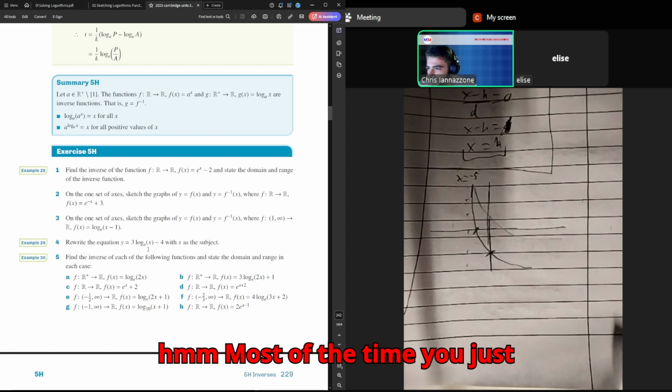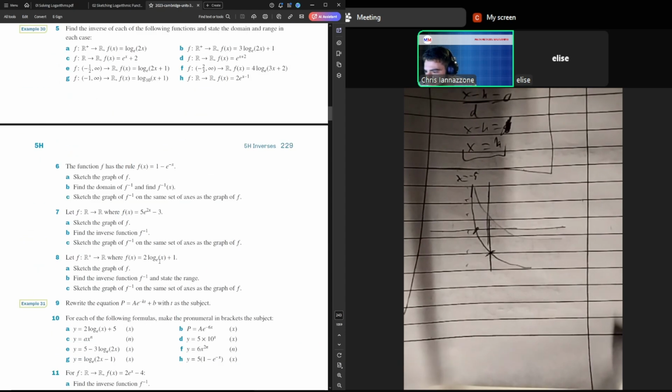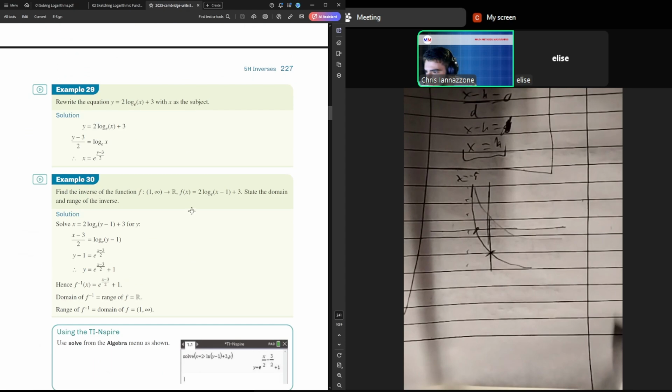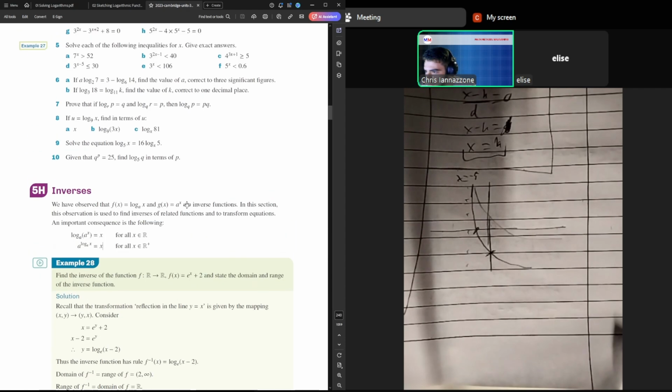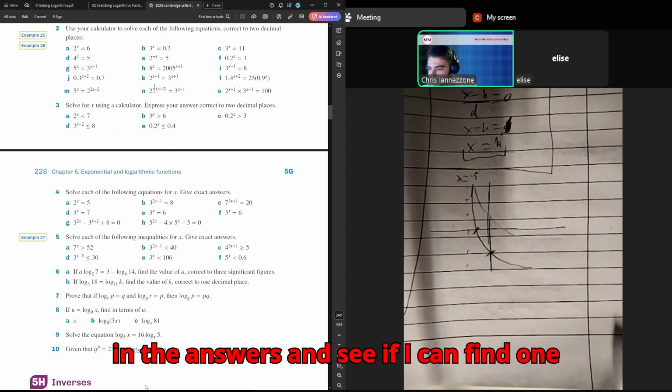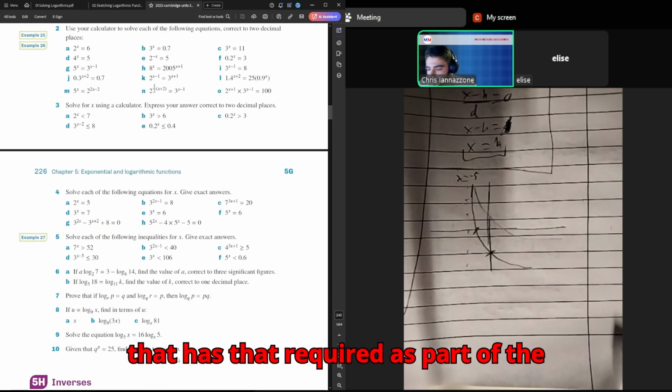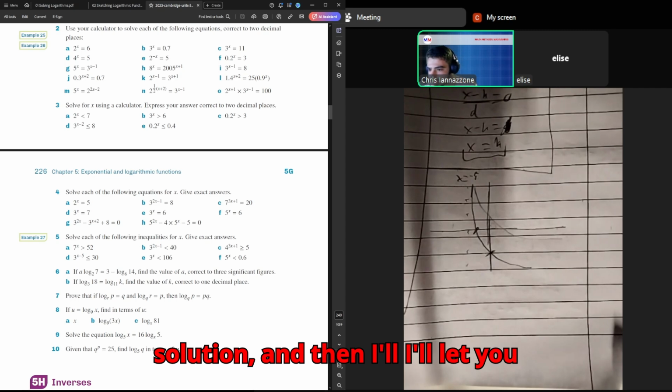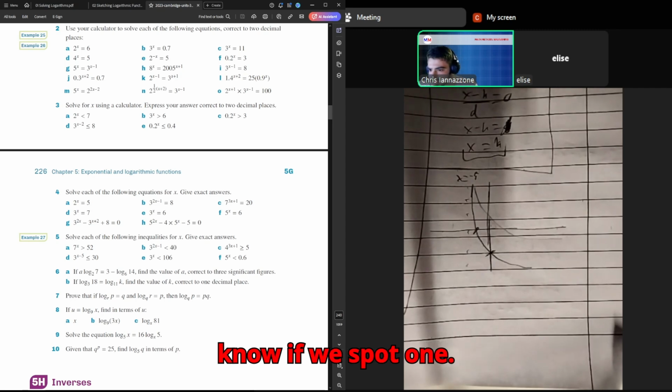Most of the time you just replace it with a y though, so I don't imagine it mattering. So a good example. Maybe I'll dig around in the answers and see if I can find one that has that required as part of the solution, and then I'll let you know if we spot one.